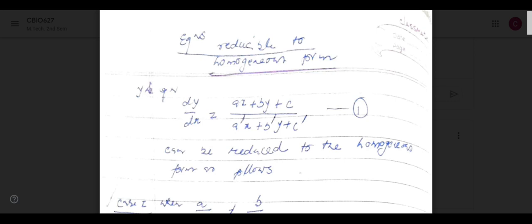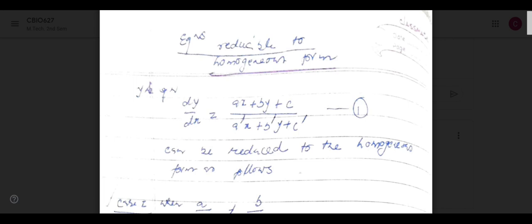Ma'am, dy/dx plus py equal to q. Yes. And what are p and q? They are functions of x. Then how do you solve that one? You have to find the integrating factor, no? Yes, ma'am.